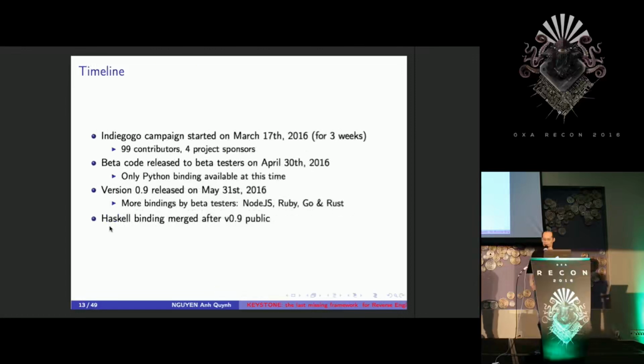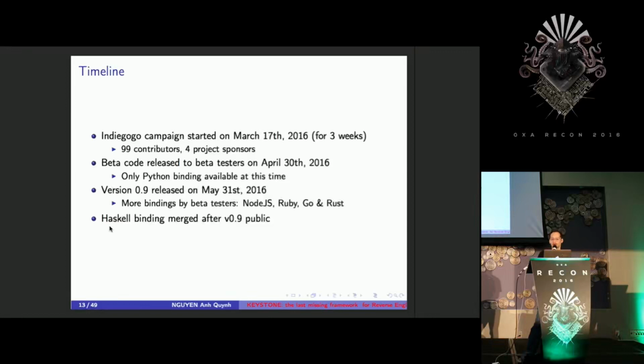Because it seems that if I just sit down and wait for somebody to do this for me, it will be forever. Because I had so much fun with Capstone and Unicorn, I decided to step up and do that again. So that's how Keystone was born. I started the Indiegogo campaign for Keystone in March, and thanks to the community, a lot of people contributed.